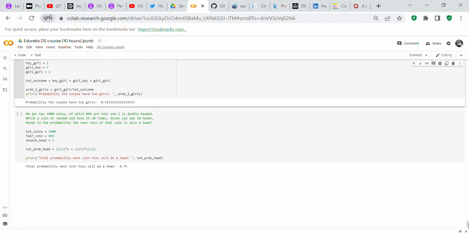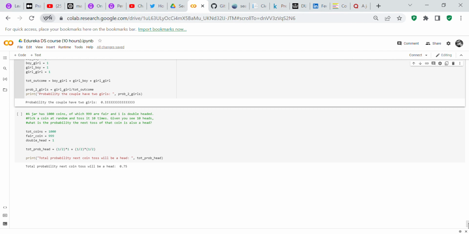So I said total coins equals 1,000, fair coins equals 999, double head equals 1. I had to look this up and it was really difficult because you can use Bayes' theorem to solve it, but unfortunately I haven't taken a probabilities course. I know I need to take a probabilities course.